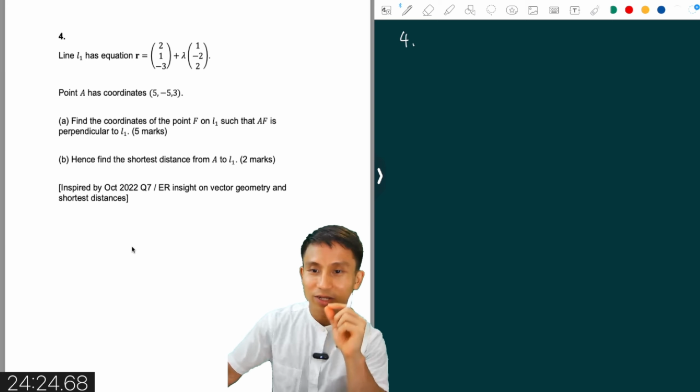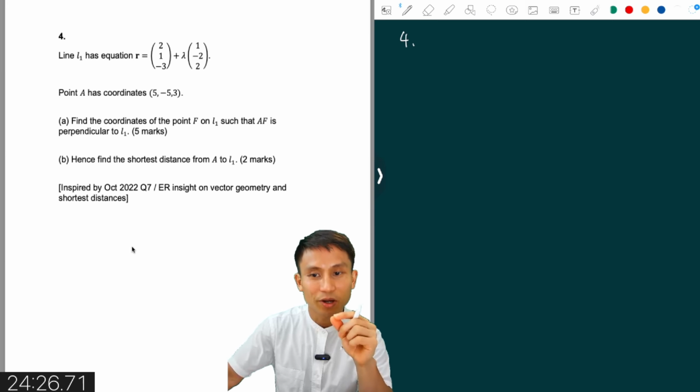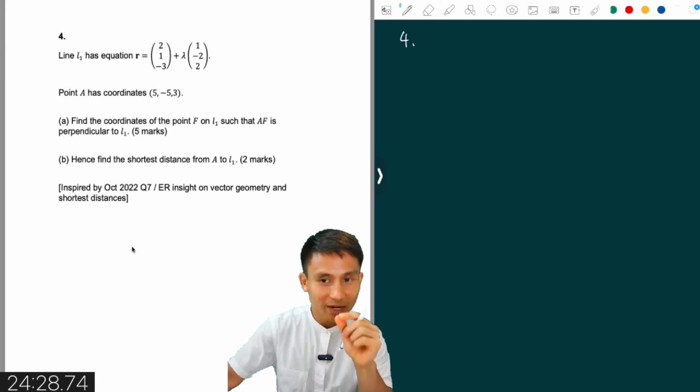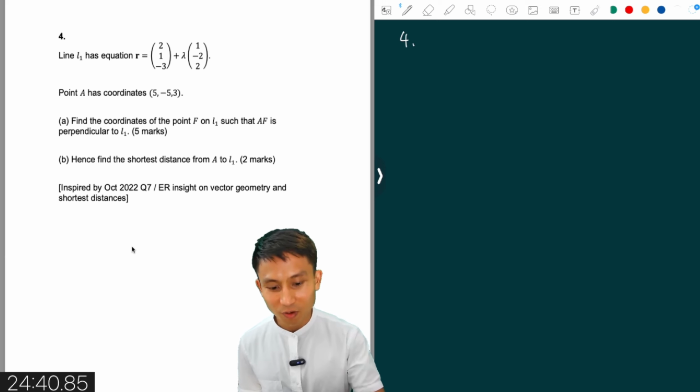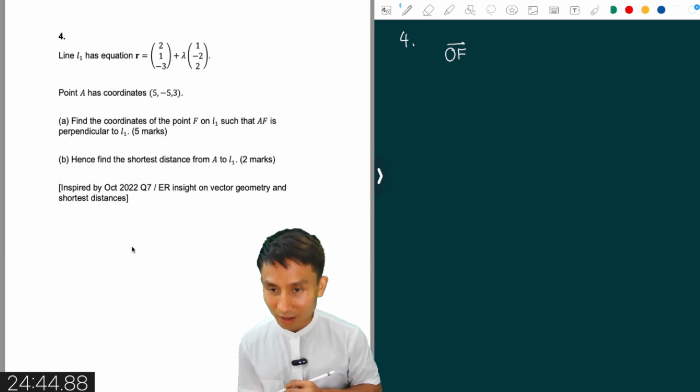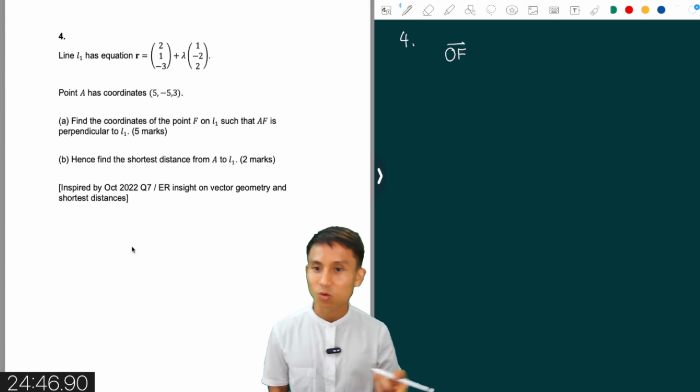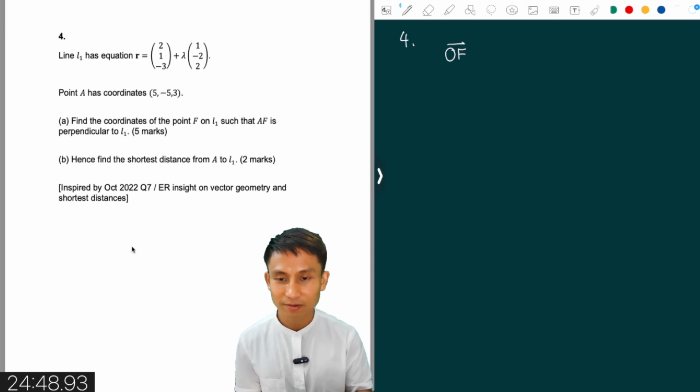So every time there is a point on the line, it says there is a point F here on the line, and you don't know where that is yet. Actually it asks you to find the coordinates of that point. Whenever you see this, you can say that the position vector OF, which is actually what we want here, the coordinates of F will be the same as OF, you can write OF as an unknown like this.